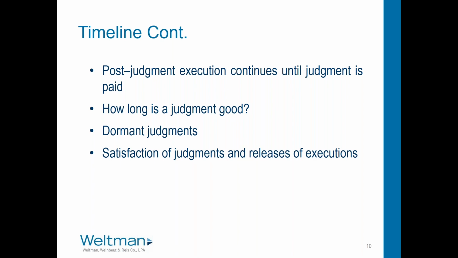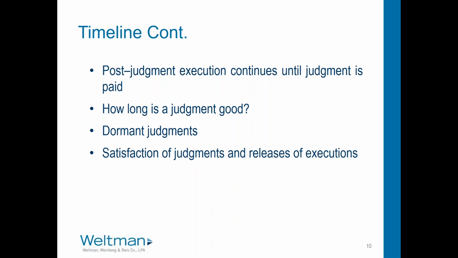It is done. In Indiana, for example, a lien is good for 10 years, and then the lien is no longer valid after 10 years from the day the judgment was entered. But the judgment is still typically good and can continue to be executed on. So again, it does vary.